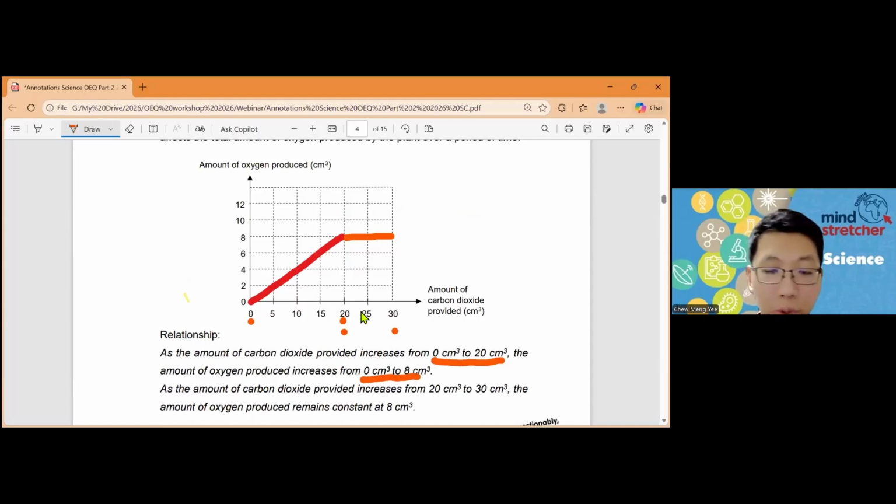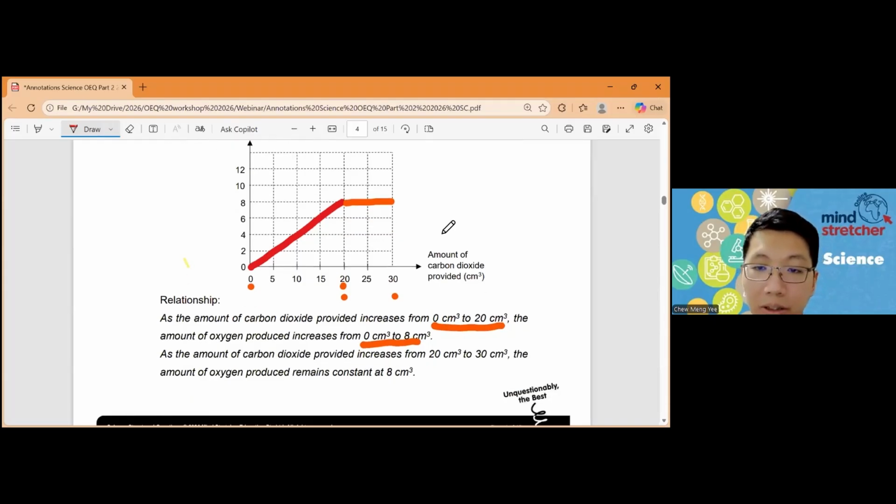Instead of doing it this way, I could write the reverse: as the amount of carbon dioxide provided decreases from 20 to 10, the amount of oxygen produced decreases from 8 to 0 cm cube. Yes, I think that is perfectly fine. But the trend must still be correct, no matter if it's increase or decrease. Their relationship must still be correct.